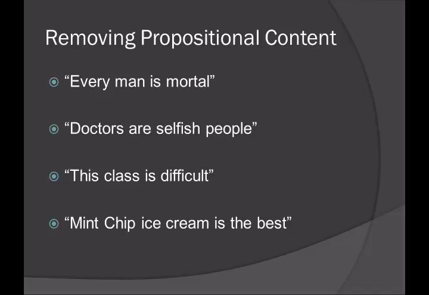So this class is difficult, if uttered by you, might be false, but if uttered by someone else might be true, or vice versa. Likewise, mint chip ice cream is the best might be true if uttered by me, in fact would be true if uttered by me, but might be false if uttered by you. Okay, so it's a subjective claim. It still has a truth value. It's just that what makes it true are our individual thoughts or preferences.